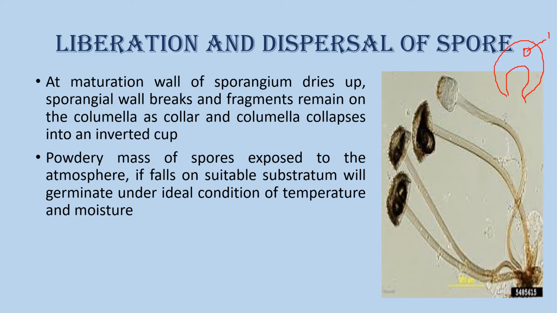As the spores become very mature, the central columellate region accumulates more and more fluid and exerts a pressure, and that pressure causes a breakage in the wall of the sporangia. Once the wall breaks, the spores get exposed, and the sporangial wall dehisces and remains as a collar-like region.